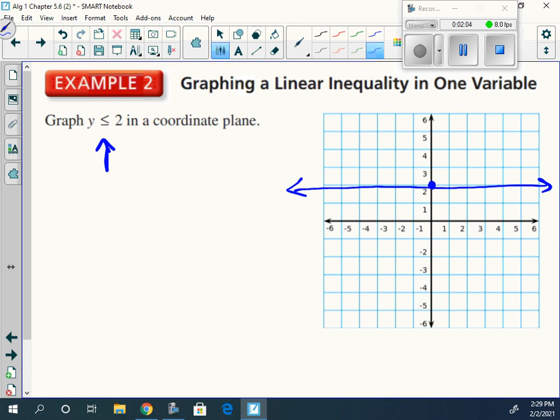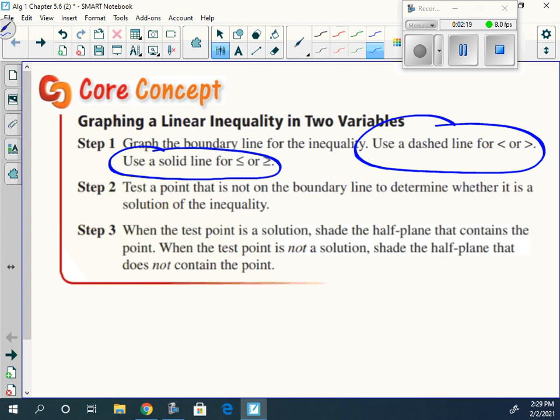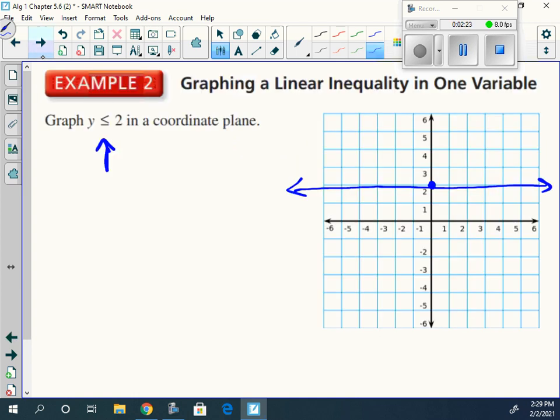It is dashed if it is not. If it's just greater than or less than, then it is dashed. If it is equal to, then it is solid. Use a solid line for greater than or equal to or less than or equal to, and we use a dashed line if it is just greater than or less than. So this one here is equal to, it would be solid.